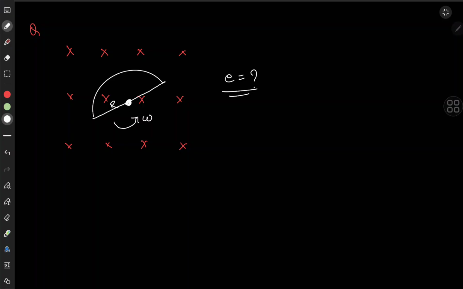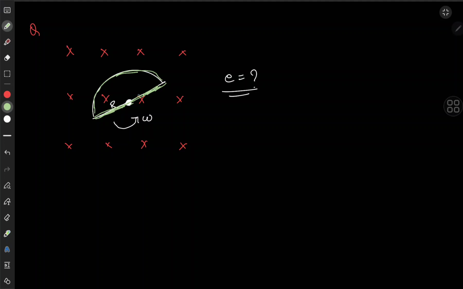For this question, you have to imagine this is going to be one rod, this is going to be another rod, and you have to remember the length here. We should not consider this entire length, we have to consider the vector length, which is passing through the pivoted point.